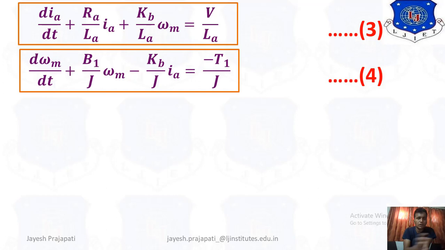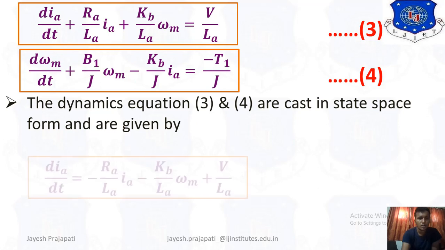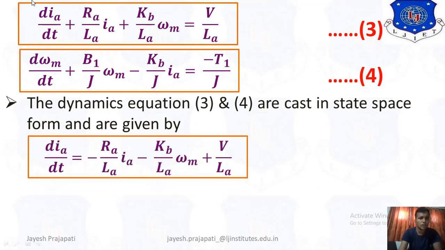Now to simplify, the dynamic equations 3 and 4 are cast in state space form, given by: we have made dia by dt the subject, that is equal to minus Ra divided by La ia minus kb divided by La omega m plus v divided by La.